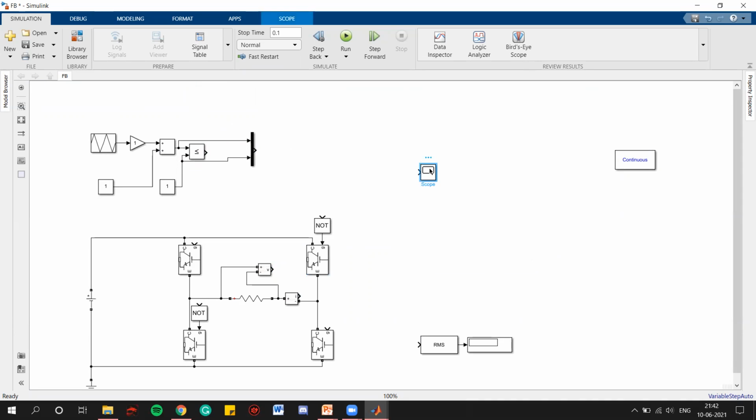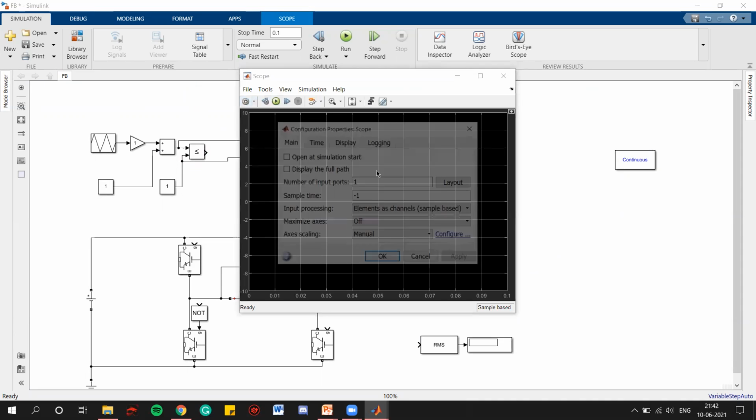The scope, let's change the scope to two input form.